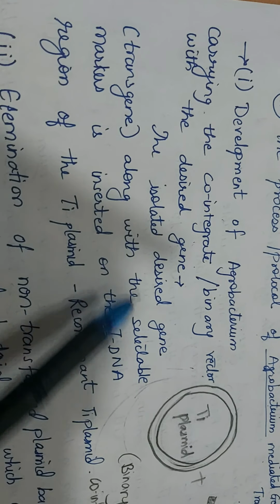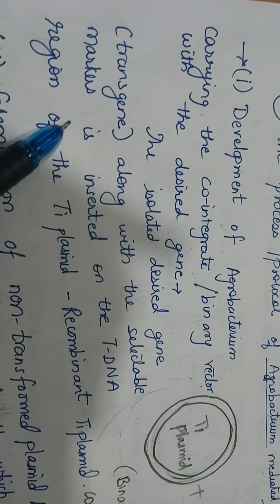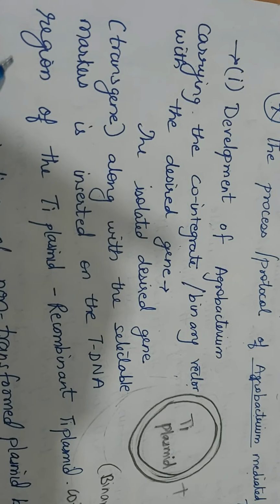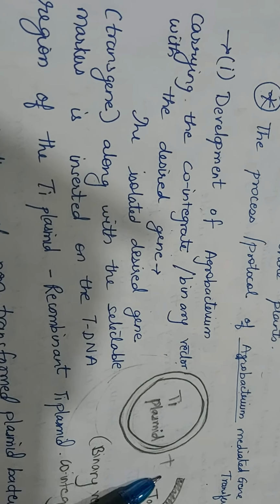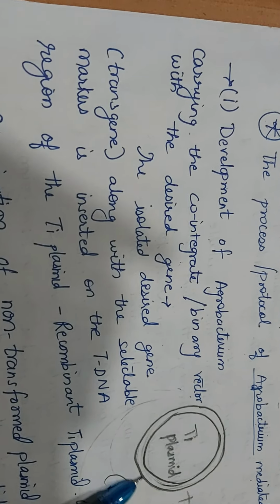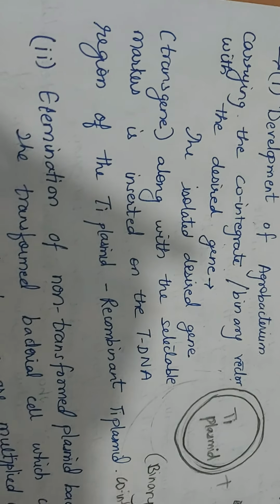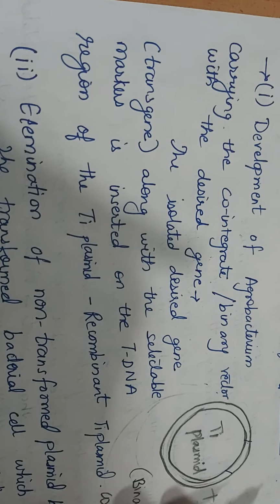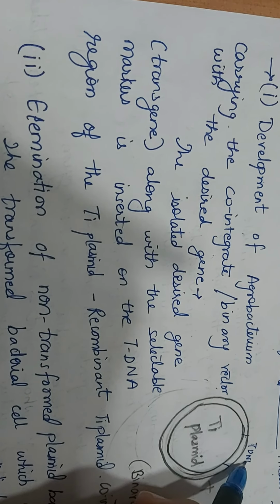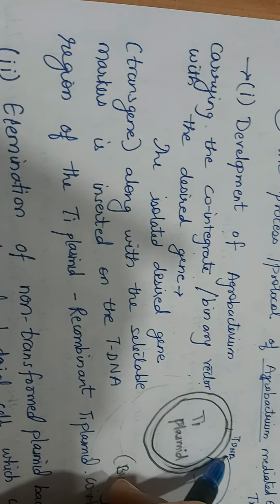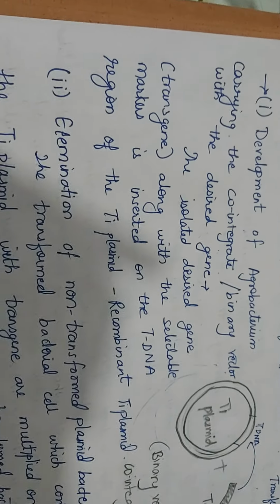The isolated desired gene along with the selectable marker is inserted in the T-DNA region, the transfer DNA region of the Ti plasmid, and a recombinant Ti plasmid is prepared. So in this T-DNA region you need to insert the desired gene.